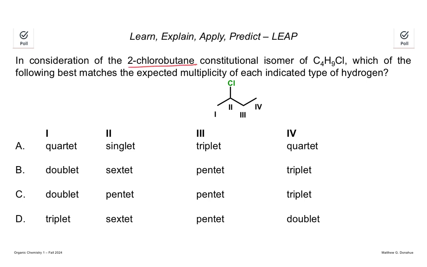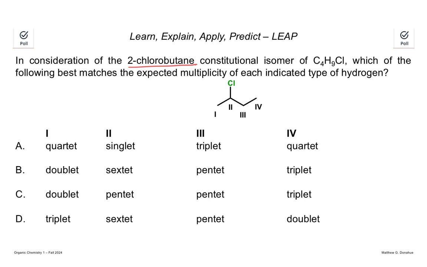For 2-chlorobutane, as shown, the Roman numerals are just numbering along the carbon chain. And the question is asking you, how should the signals attached to those Roman numerals occur?